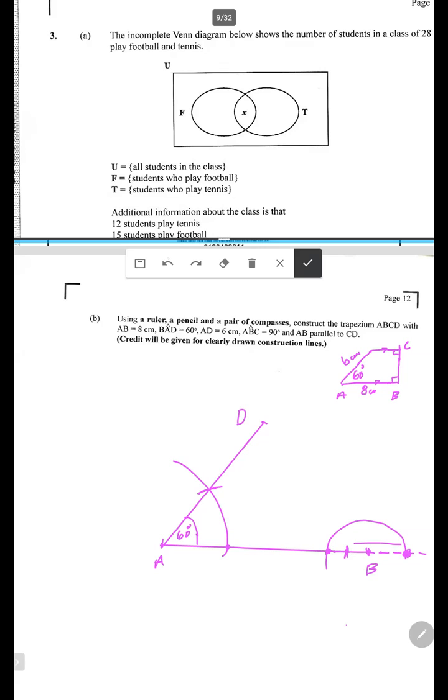Right? Open the compass about, and then from this point, you make an arc at the top here. And then from the point on the right, you make an arc to cross that one. And when you draw the straight line through here now, it will be 90 degrees.